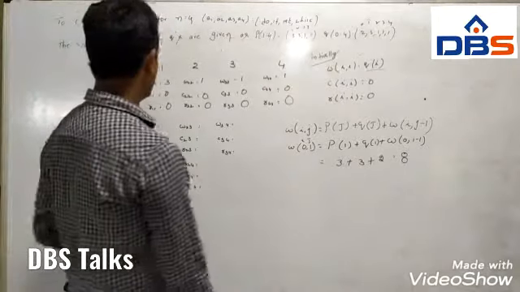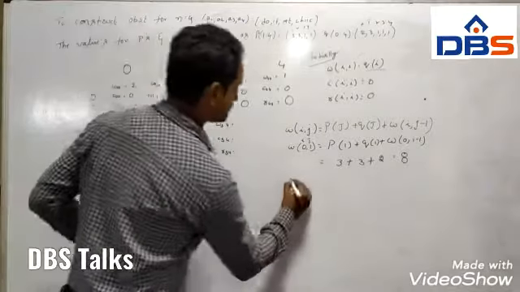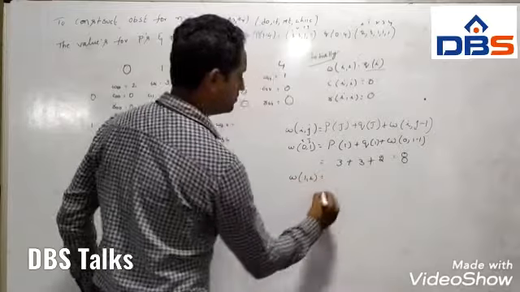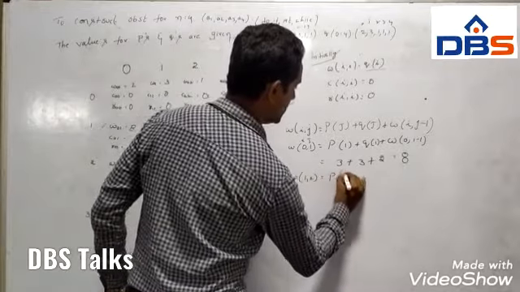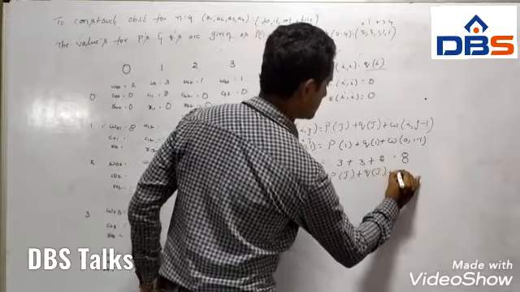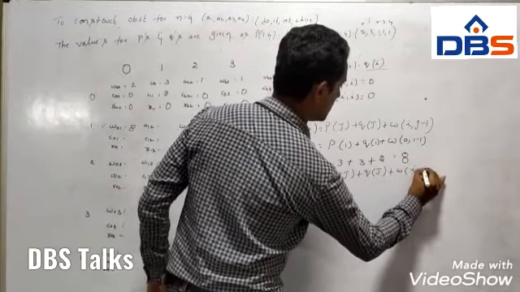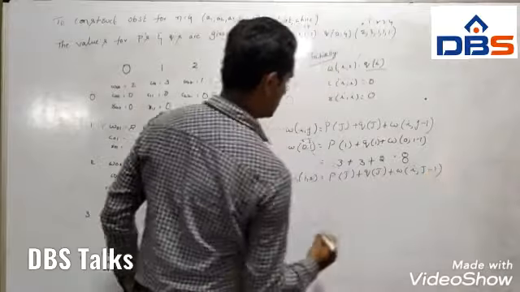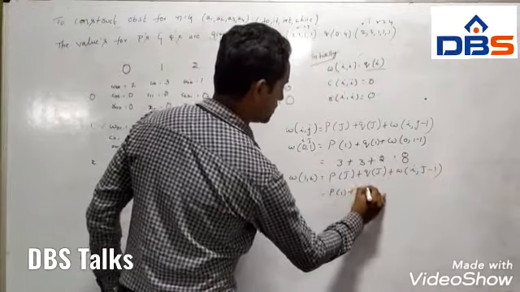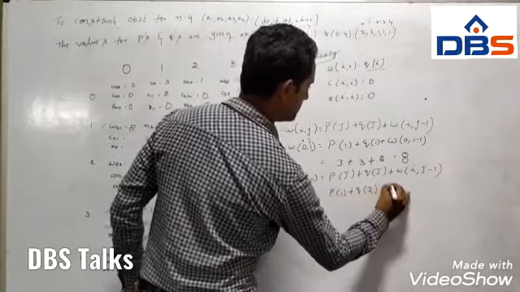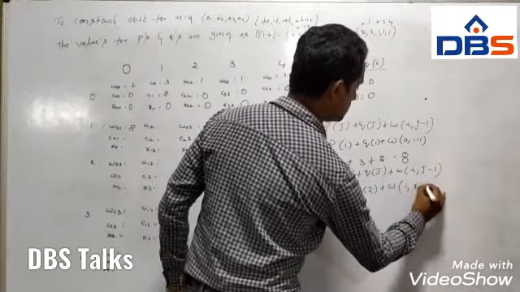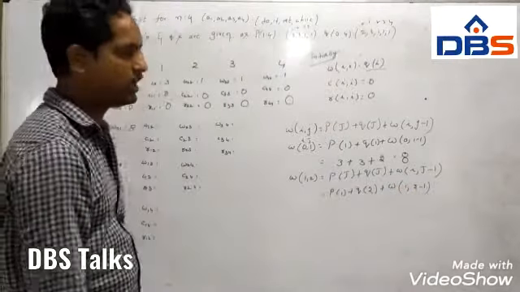Now we go for W of 1 2. W of 1 comma 2 equal to P of j plus Q of j plus W of i comma j minus 1, that is P of 2 plus Q of 2 plus W of 1 comma 1.